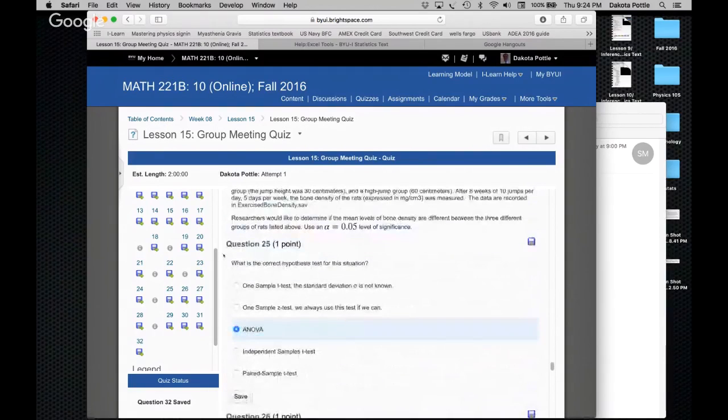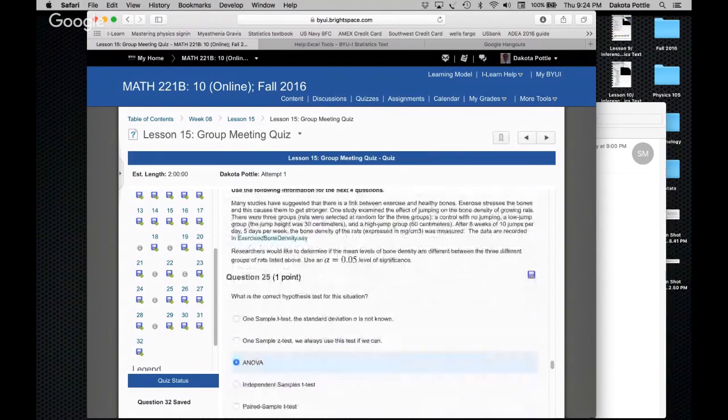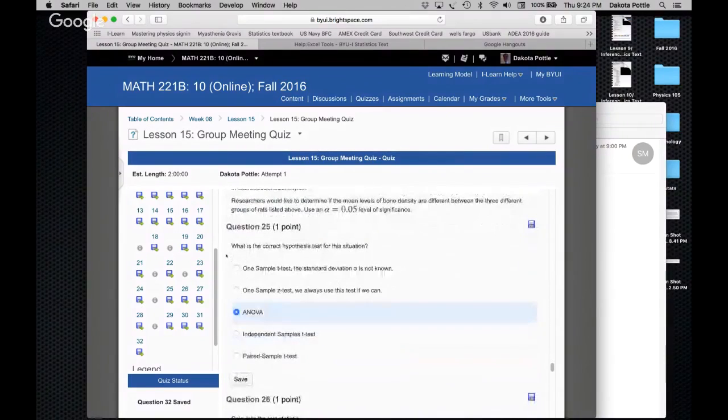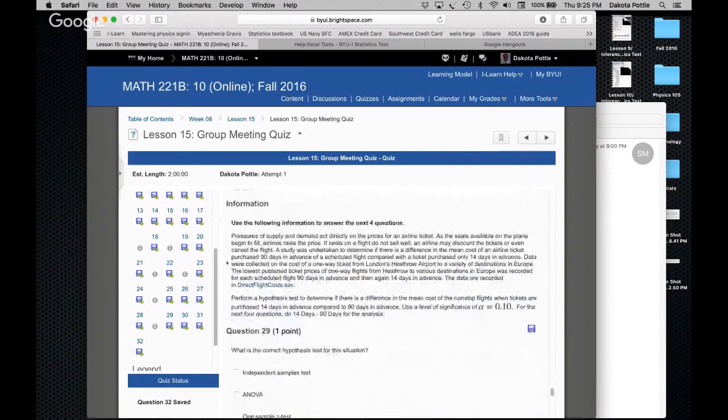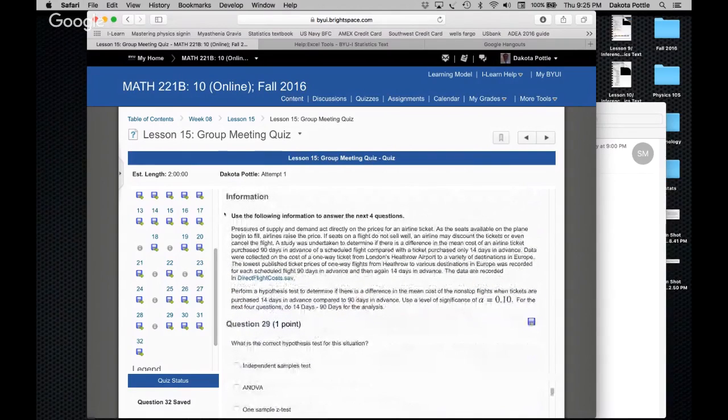The null here is about the rats: the researcher is trying to determine if the mean levels are different between the 3 groups. Since the p-value is less than alpha, that's the same as saying we have sufficient evidence to believe that there are differences in the mean levels of bone density. Does that make sense? That makes sense. Yeah, it takes a little bit of translation to get that right.